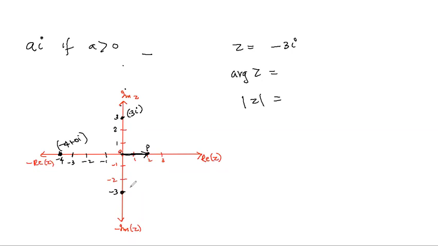This is -3i. So tell me the argument of Z. How much is required for rotating? 270 degrees. I must start from the positive x-axis, rotate and reach here. How much did I rotate? 270 degrees. So argument is 270 degrees. And modulus is 3.